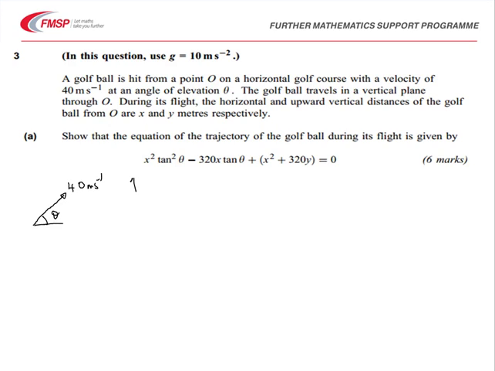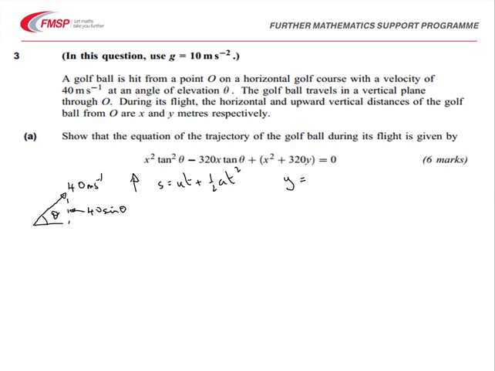If we look firstly at the vertical direction and use the equation s equals ut plus a half a t squared vertically, then the vertical position at some time t is y, which is equal to the vertical component of the initial velocity, 40 sine theta, the opposite side of the triangle here.